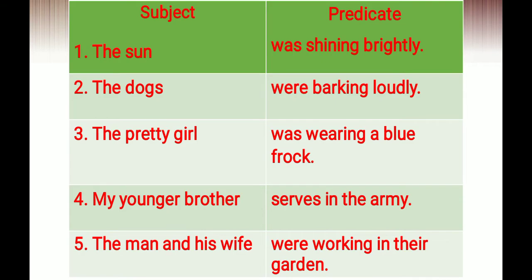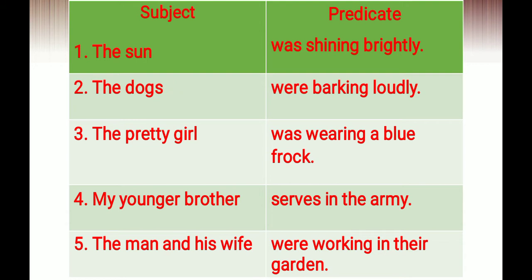Now again we will have a look at the answers so that it will be easy for you to note them down. Subject is the sun. Predicate is was shining brightly. Again in sentence 2, the subject is the dogs. Predicate here is were barking loudly.